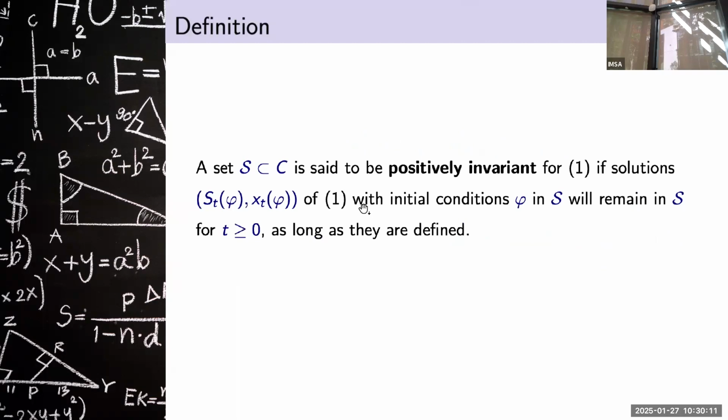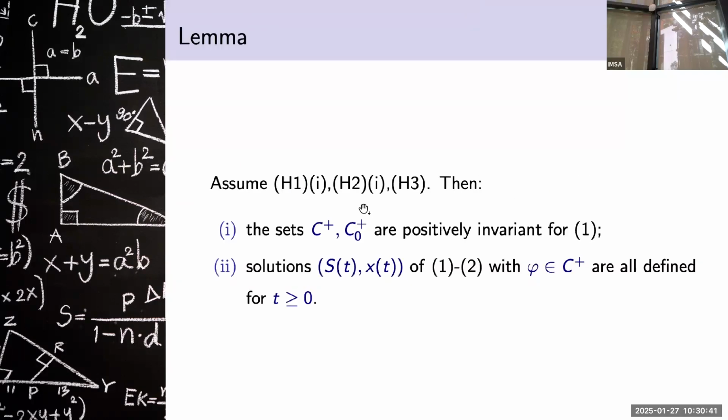And also, we would like our solution to be positively invariant, which means if it starts positive, it continues positive. And it's very important to us because we are dealing again with a population model, so we need to have that type of invariance. So we start with this initial condition with some facts, and we continue with the solution with those facts, which will bring to us the positive solutions.